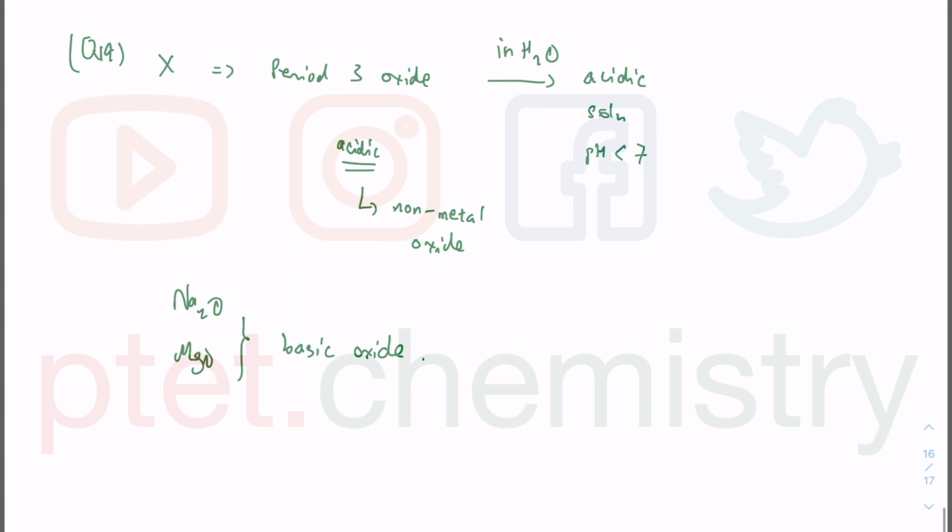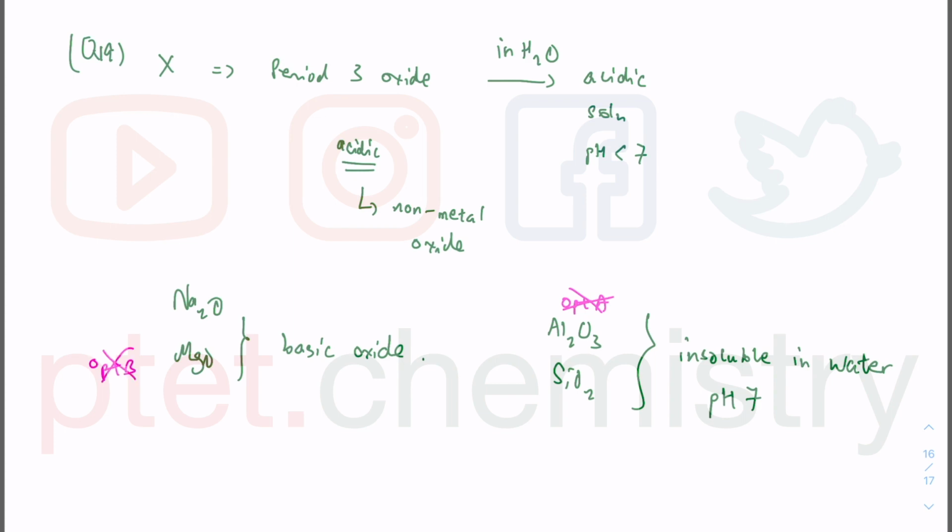On the other hand, Al2O3 as well as SiO2 are insoluble in water, so they will not react with water, they don't get hydrolyzed, and therefore the water remains at pH 7.